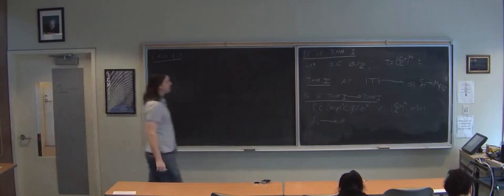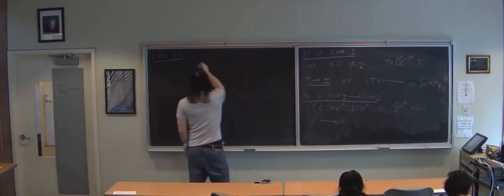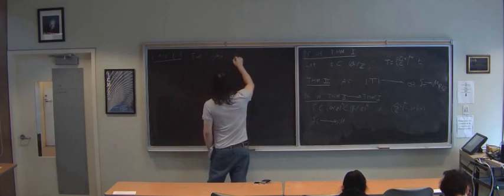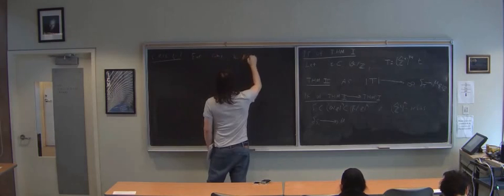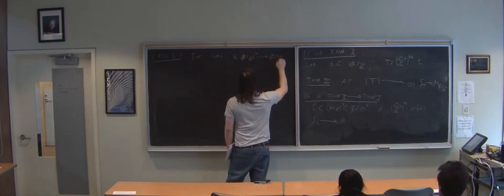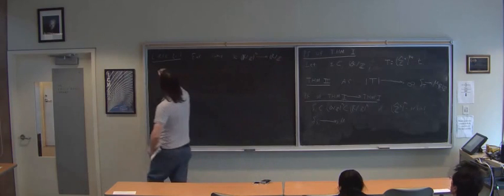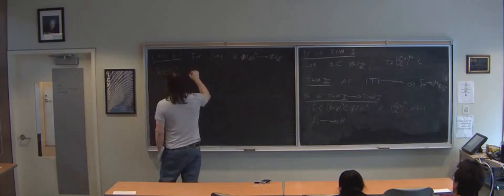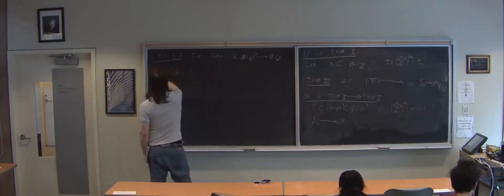So what does case 2 say? Case 2 says for some chi, chi of S_i is bounded.